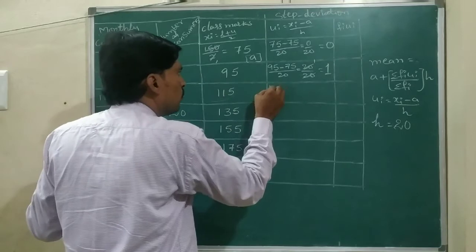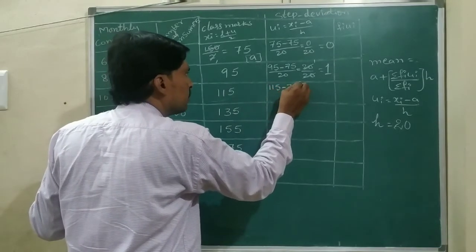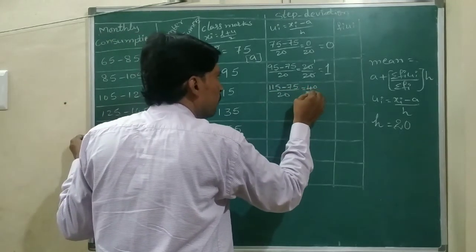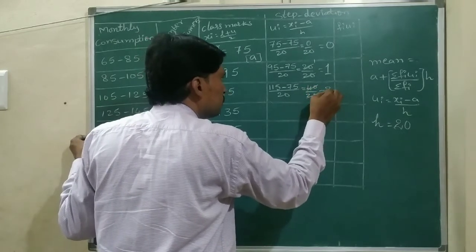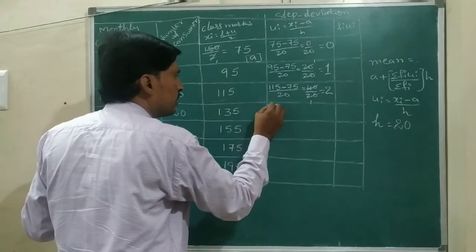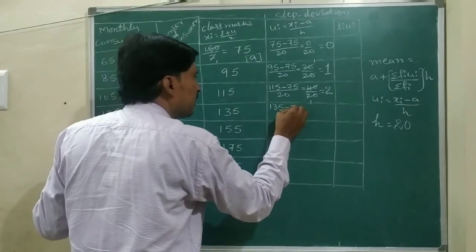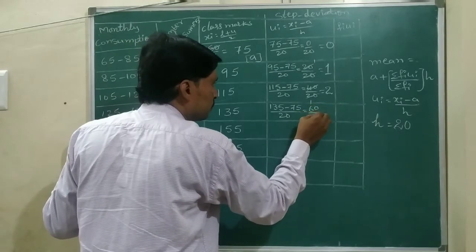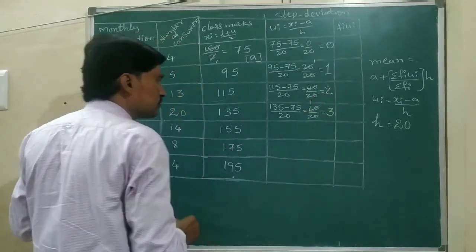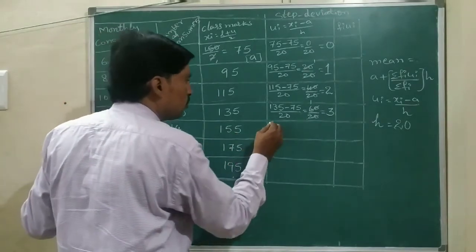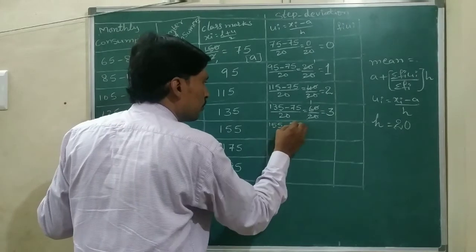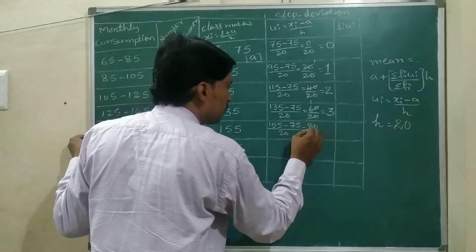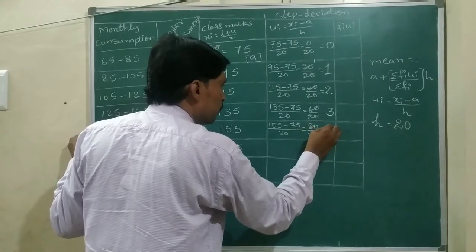Next class mark is 115 minus 75 by 20. 115 minus 75 is 40 by 20, which is 2. Next, 135 minus 75 by 20. 135 minus 75 is 60 by 20, which is 3. Next, 155 minus 75 by 20. 155 minus 75 is 80 by 20, which is 4.